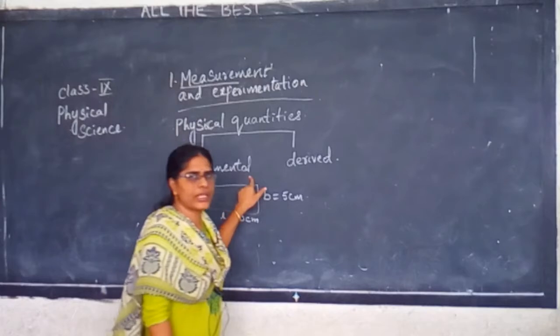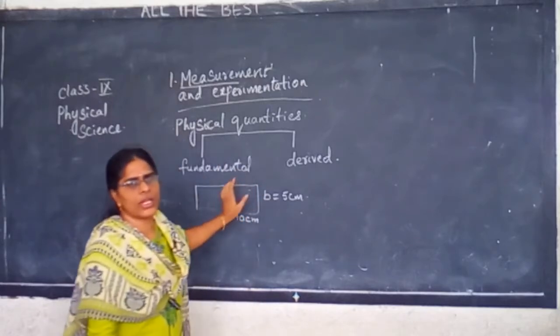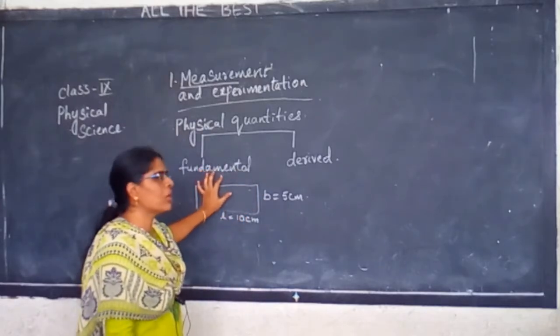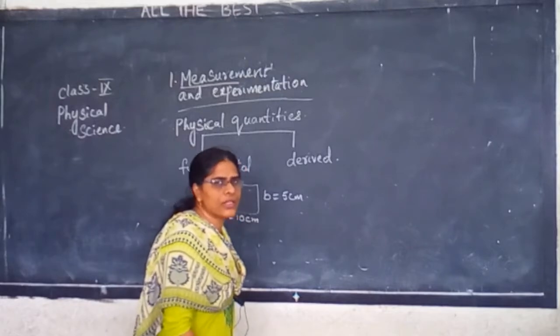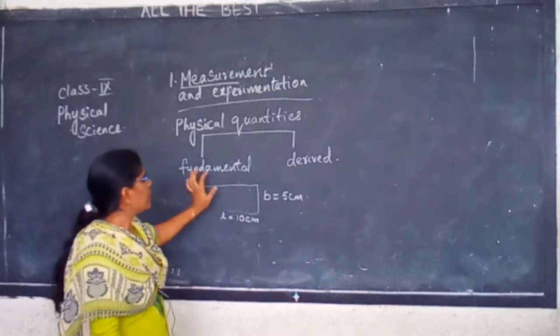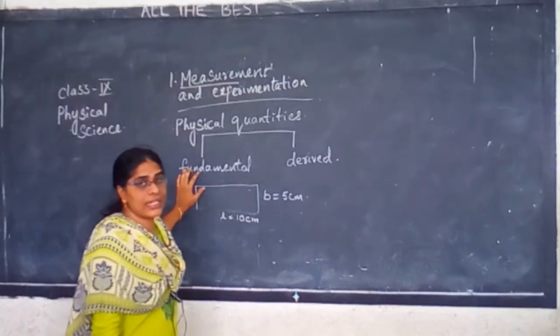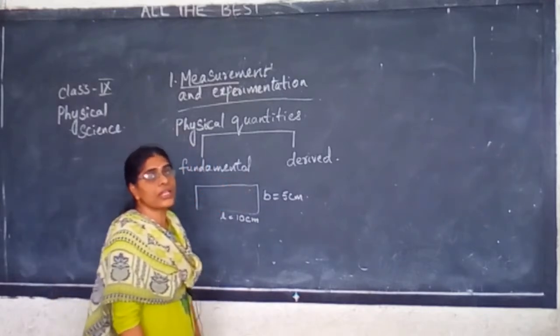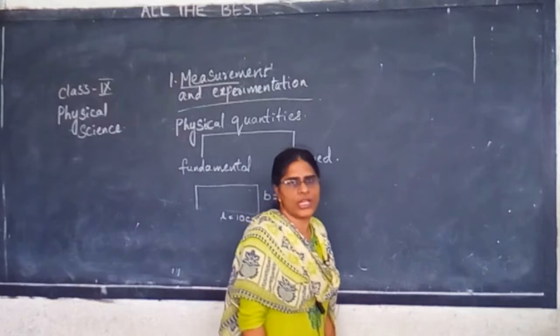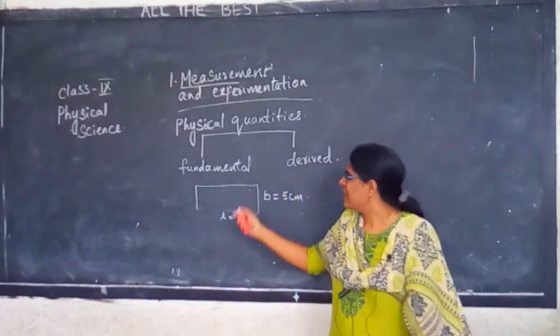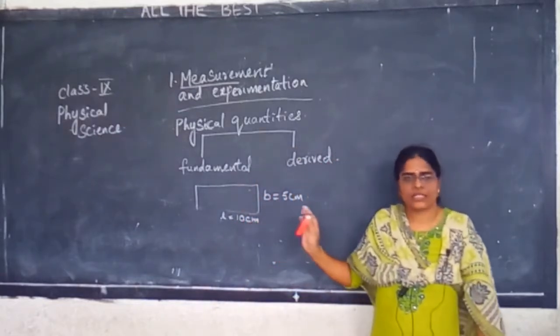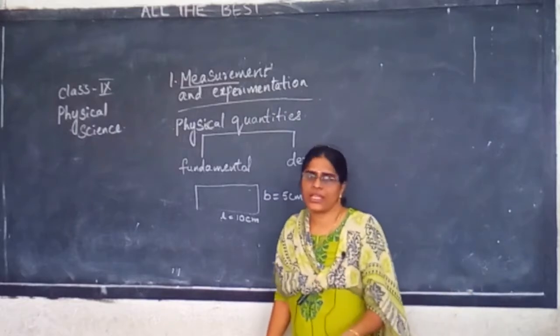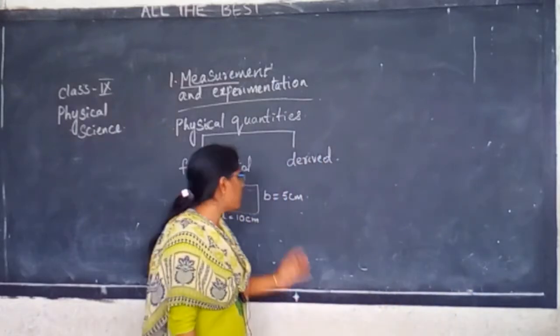Fundamental quantities are those quantities which do not depend on any other quantities. They are like individuals. They are called fundamental physical quantities. Length, mass, time, these are all basic quantities.